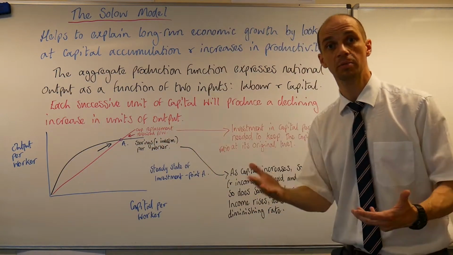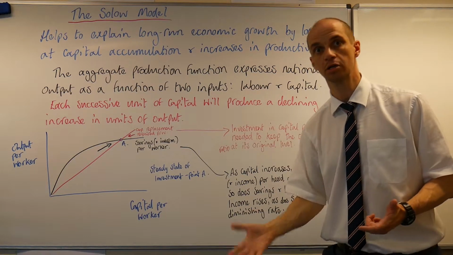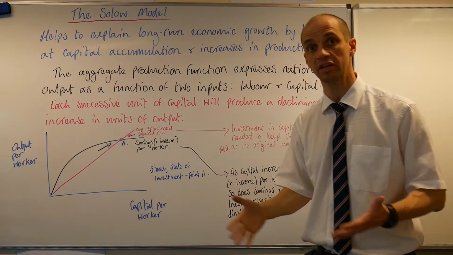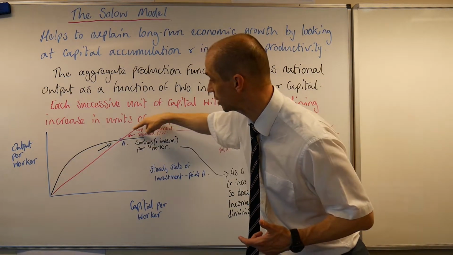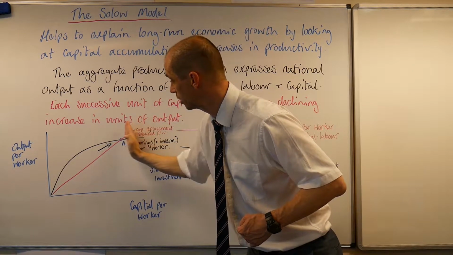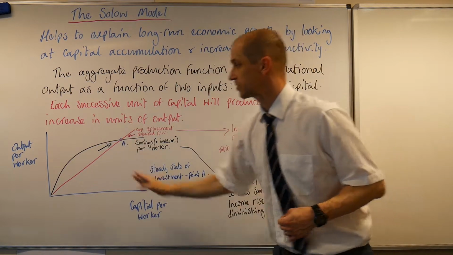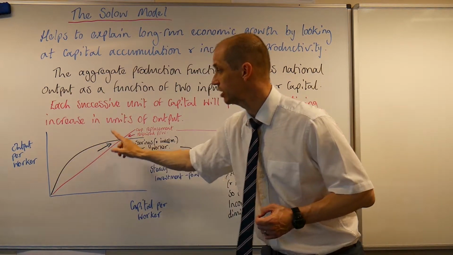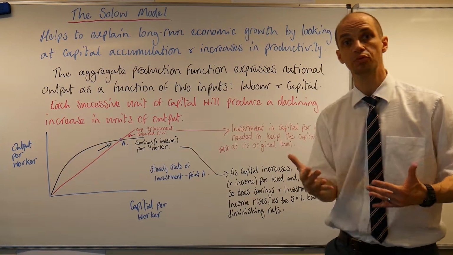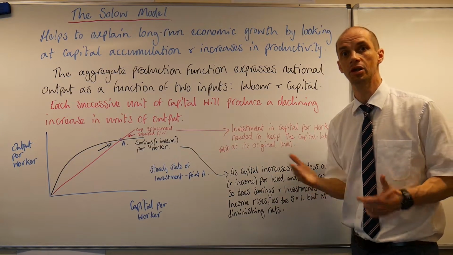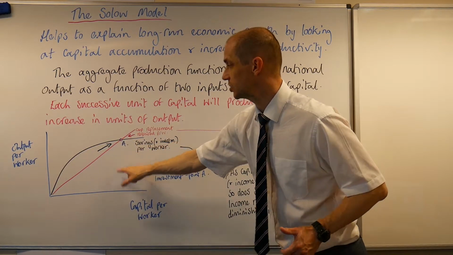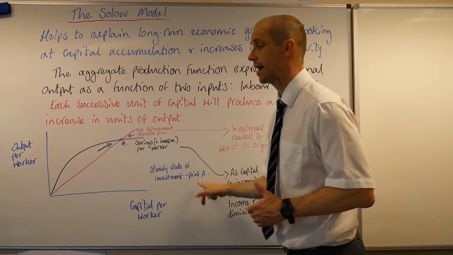As such, some of your capital goods would end up depreciating completely and being useless in terms of their value, because they're no longer productive, because they haven't been well enough maintained, because your savings and investment isn't high enough to actually maintain them. Thus, you would reduce to point A. Down here, we can see investment in capital goods is growing, and as such, the depreciation and capital replacement requirement will be growing. Thus, the economy will reach this steady state of investment, and we can see that at point A.